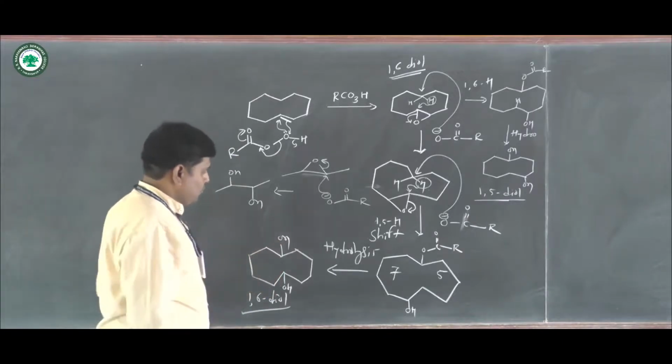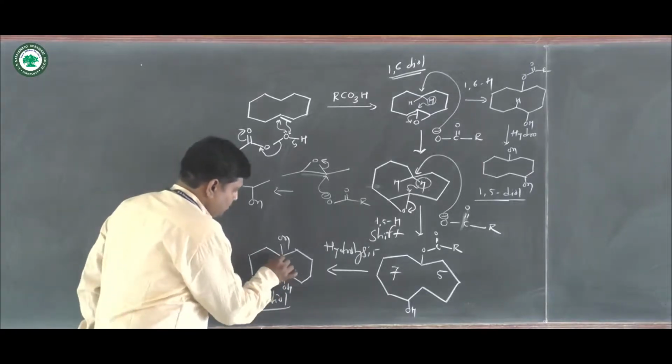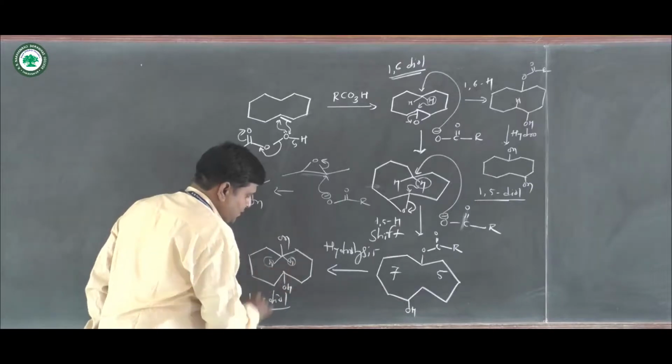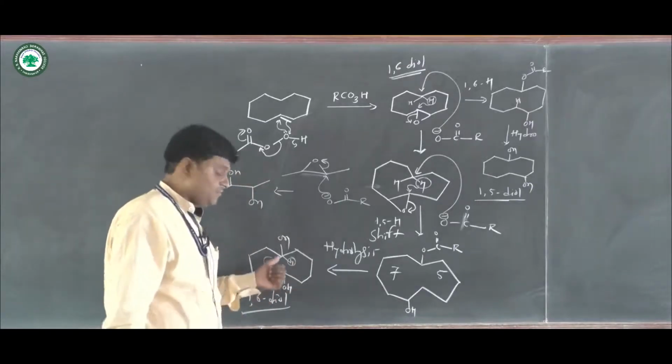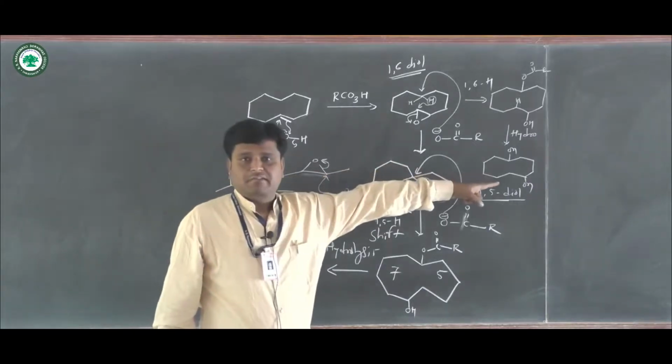Now if we get this type of product, you see here preferentially these two protons are very close to this 6-numbered carbon atom. If the 6-numbered carbon atom is very close, we get the 1,5 diol.